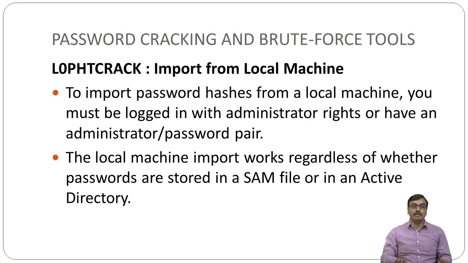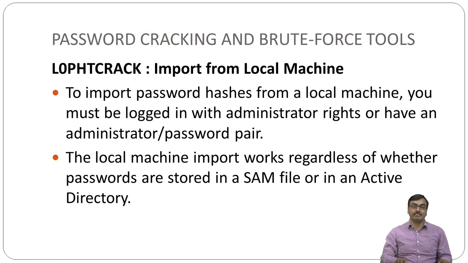The SAM file, as discussed earlier, is the Security Account Manager, which stores the passwords of Windows accounts, especially used for the Windows operating system. Also, passwords are stored in Active Directory.